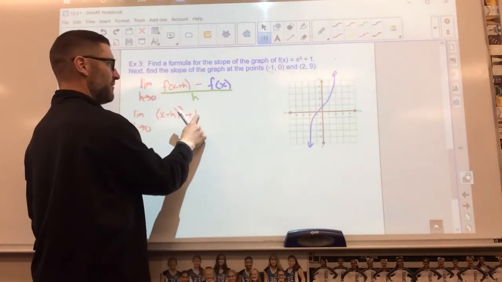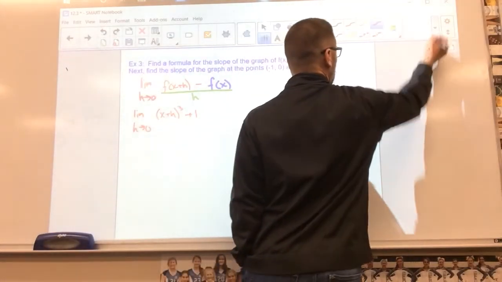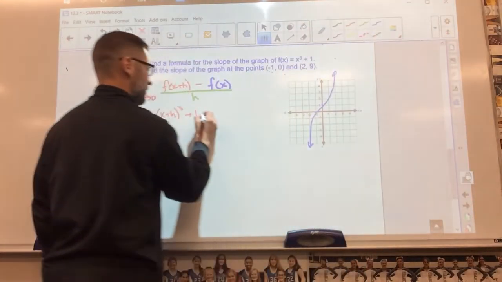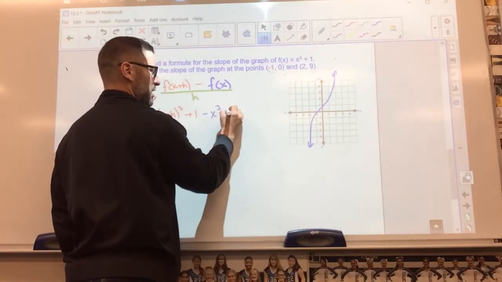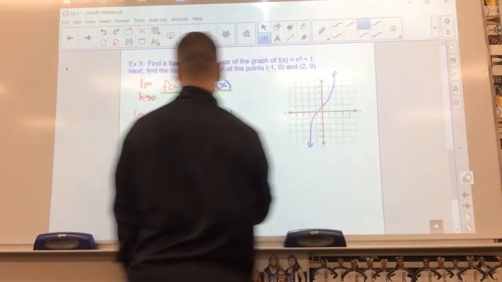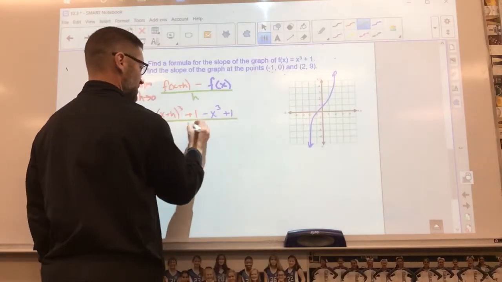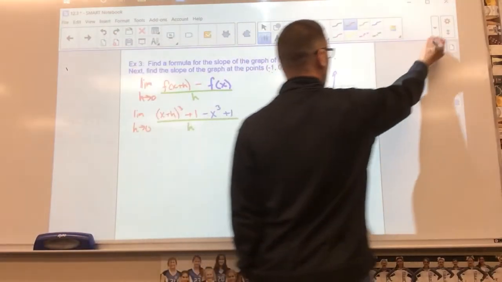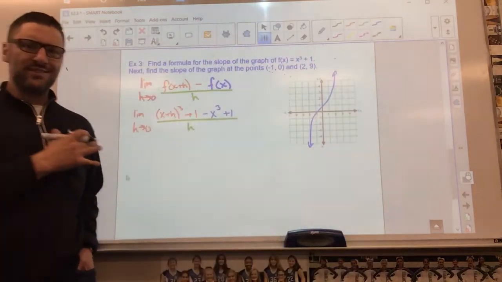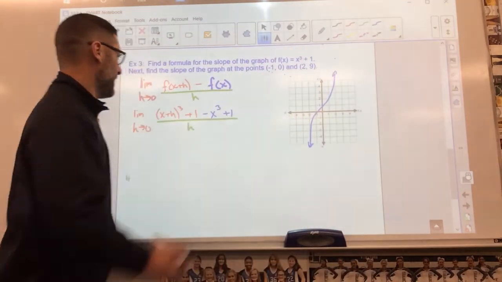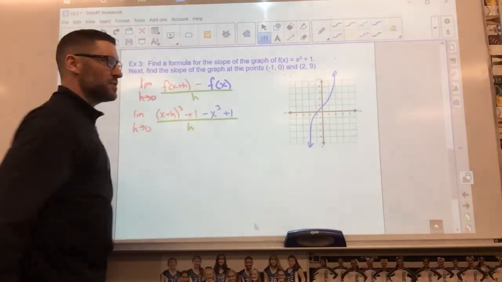Minus f of x, I use all of that, x cubed plus 1, all over the h value. So there it is, set up in the formula. I haven't done any algebra. I applied this formula to that picture.